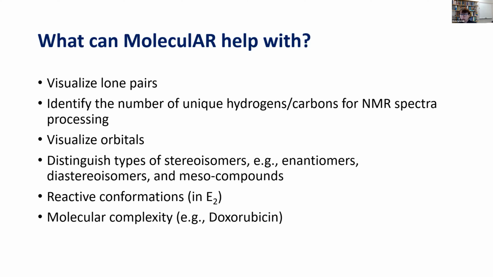Visualizing orbitals: we don't talk a lot about orbitals in Chem 231, but when it comes to the structure of double bonds and triple bonds, if they can see those pi systems and their perpendicular relationships relative to the sigma framework, that would help with reactivity later on.